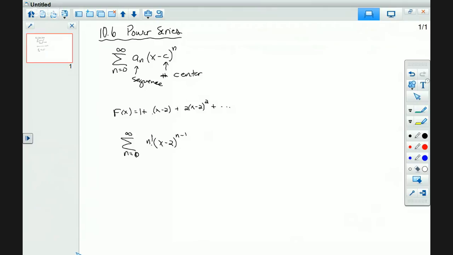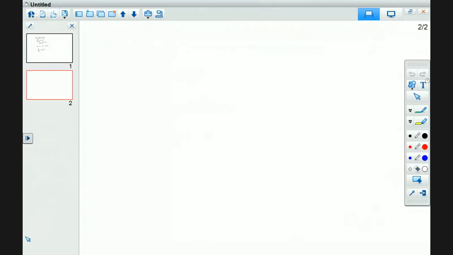I'm going to show you an example of how to see where this converges, and then I'm going to show you what that actually means. So here is a series that is a power series.